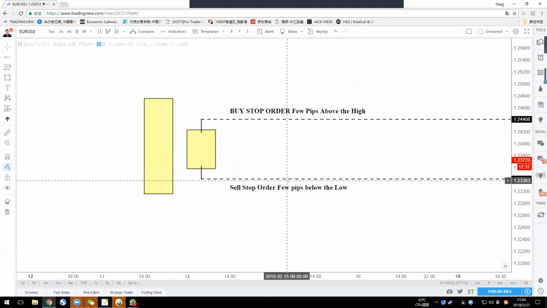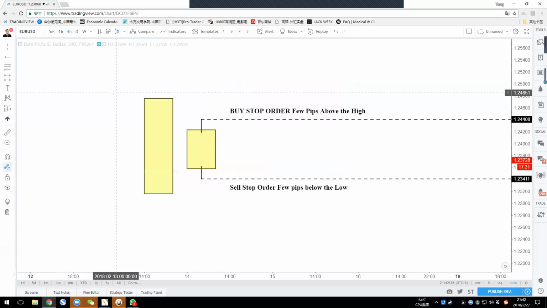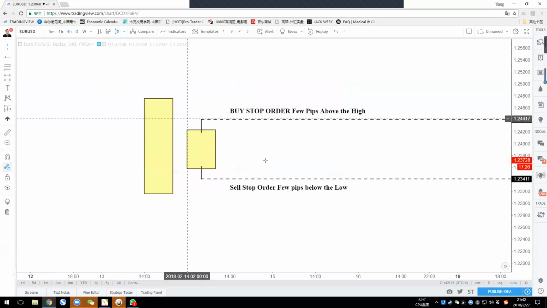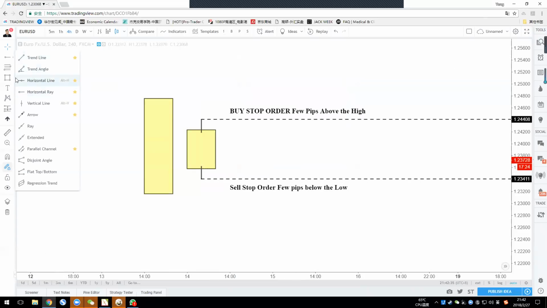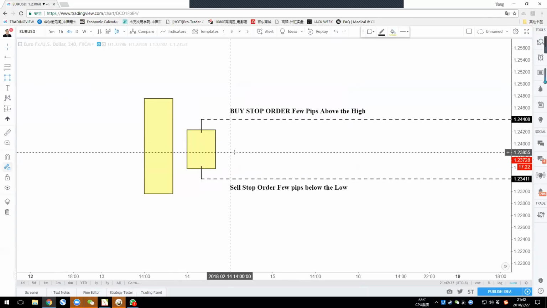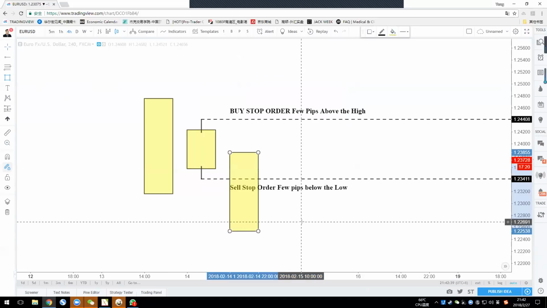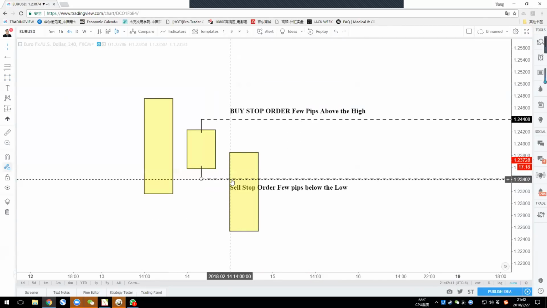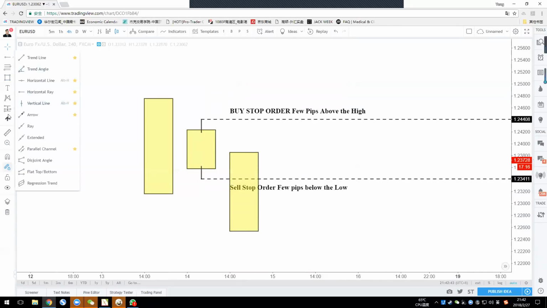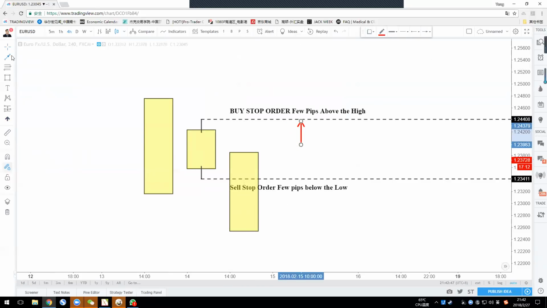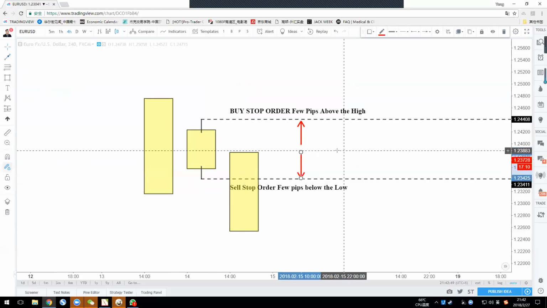But another scenario comes: the inside bar's momentum normally will give you a 1-to-1 risk reward ratio. For example, the candle here really goes down and breaks the low. If you take the trade, you should measure the risk, which is here. Your risk is this much, right?